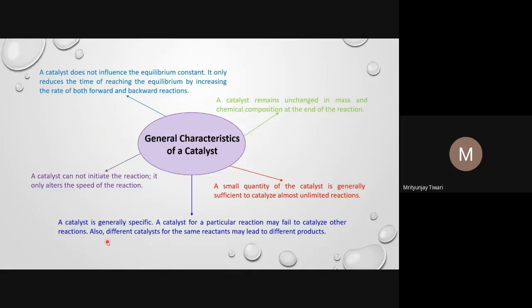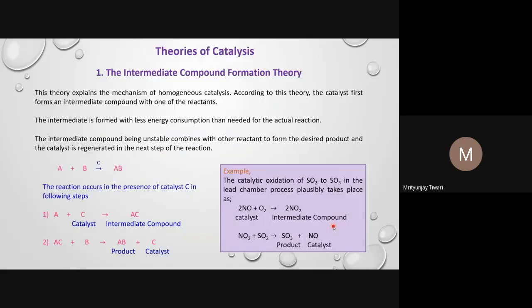Thermodynamically, all those products were feasible, meaning they were spontaneous, and only the catalyst decides what will happen. Different catalysts for the same reactants may lead to different products. The same reactant has the potential to form multiple products, and to form different products it will follow different pathways. A particular catalyst will enhance the rate of a particular pathway only, and so different catalysts will form different products.